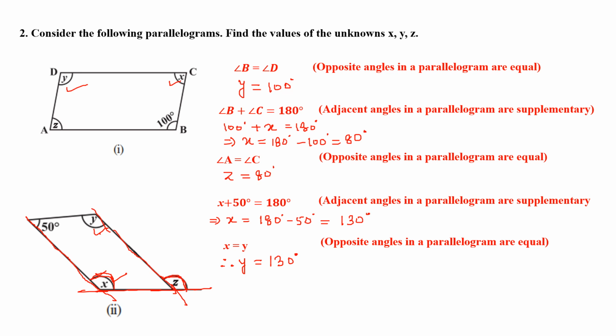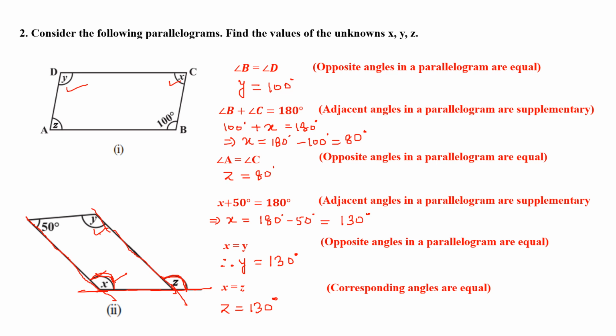When two lines are parallel and cut by a transversal, the corresponding angles will be of equal measure. So x will be equal to z, because they are corresponding angles. So from here I can write the value of z will be equal to 130 degree.